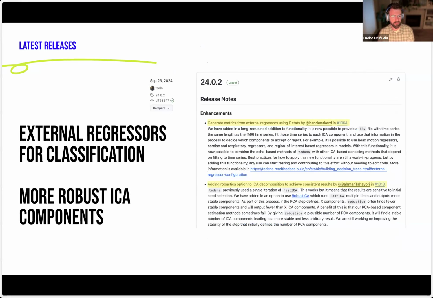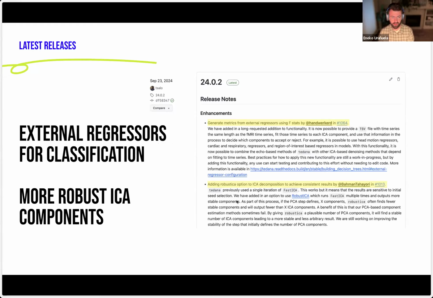And then last year, we made this, I think, very big release that allows you to finally include external regressors in tedana, which can now be used to classify these components. Hopefully that helps you keep your task-related regressors in your classification, for instance.